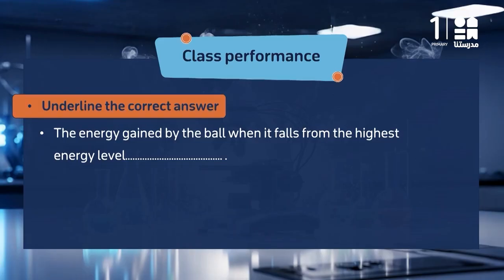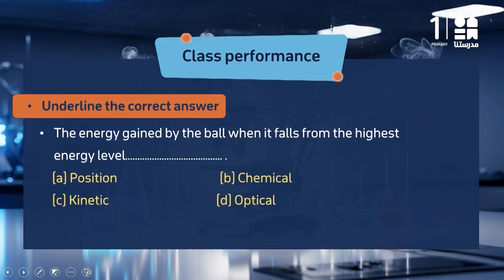Let's see if you understood the lesson or not. Underline the correct answer. Number 1, the energy gained by the ball when it falls from a height. Now you have keywords that help you to solve it.